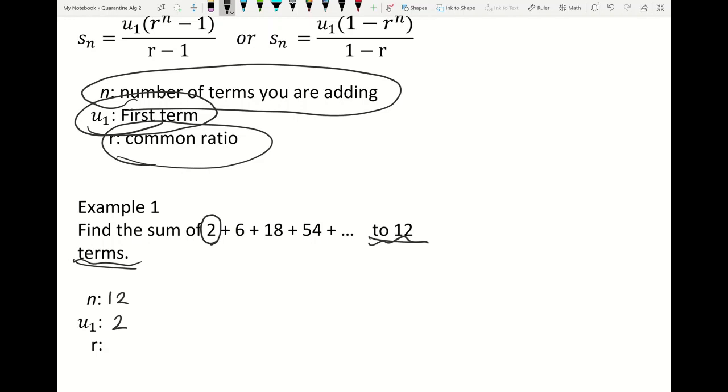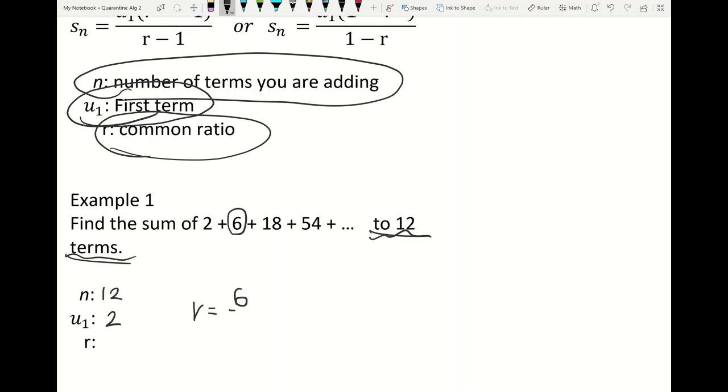Now, how do you find the common ratio? In order to find that, you have to pick a number. Usually, you just want to pick the second number. In this case, it's a 6. And then divide that by the previous number. 6 divided by 2, which you will get 3.